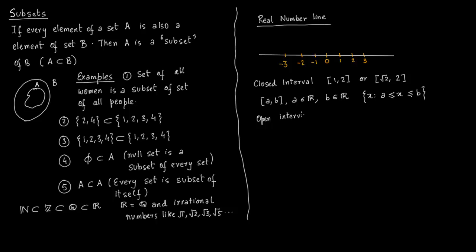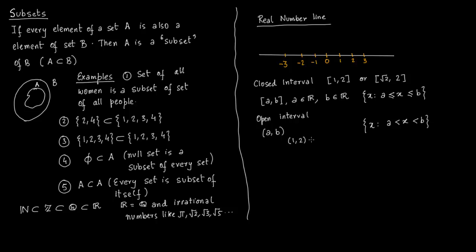Now open interval. Now open interval is written by round brackets. So rather than square brackets, you have round brackets. And it looks precisely like the above, except that x lies between A and B, or on the interval from A to B, but x does not take value of A or B. So it just lies between them.